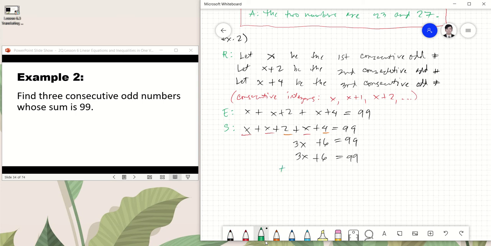So, mag-a-add lang tayo ng opposite, negative 6 in both sides. So, magiging 3x is equal to 99 minus 6 is equal to 93. And after that, yung coefficient ng x is 3. Para maging 1 siya, we need to multiply its reciprocal, which is 1/3.